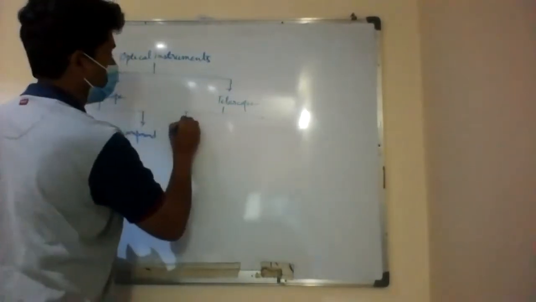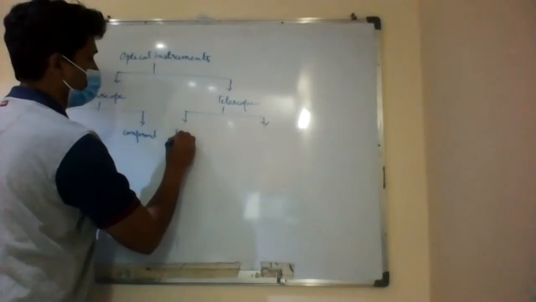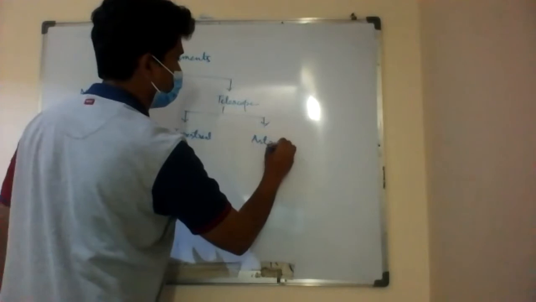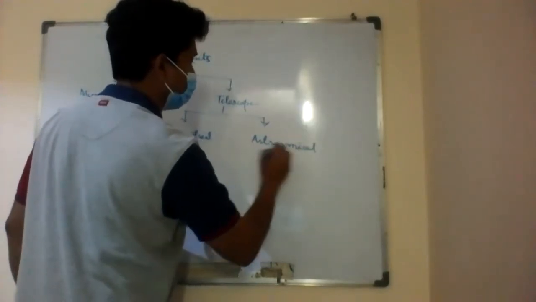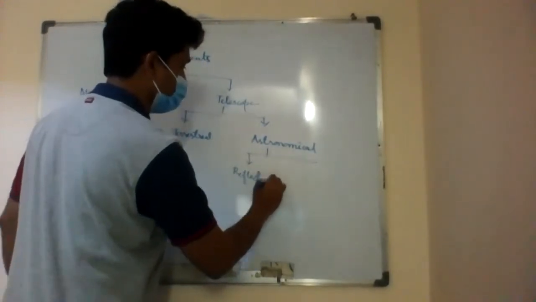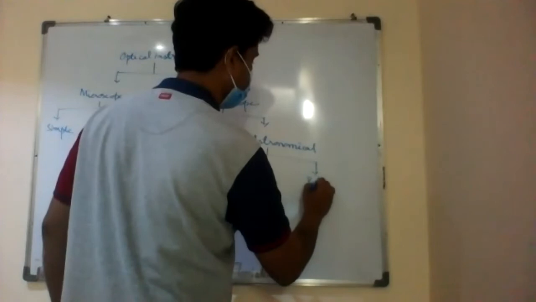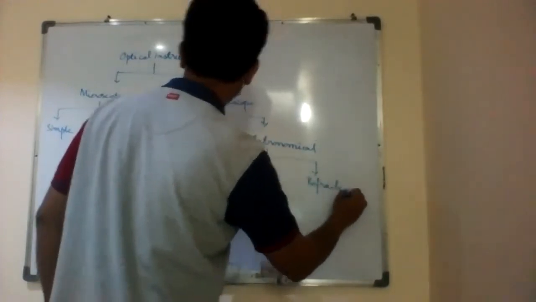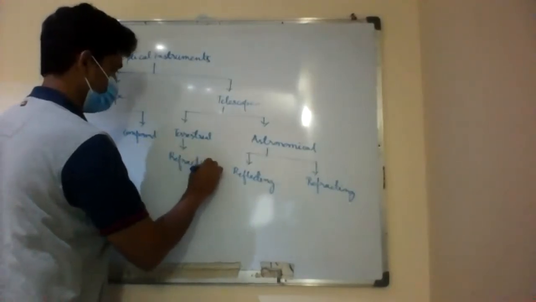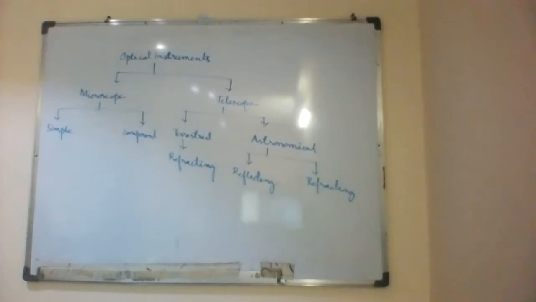In telescope we have terrestrial and astronomical. Astronomical again has two, reflecting and refracting. Terrestrial only has refracting. This is the classification: optical instruments, microscopes and telescopes; in microscopes, simple and compound; in terrestrial, refracting; in astronomical, reflecting and refracting.